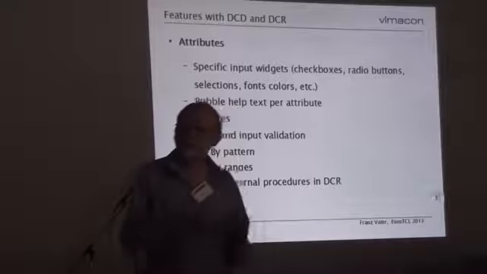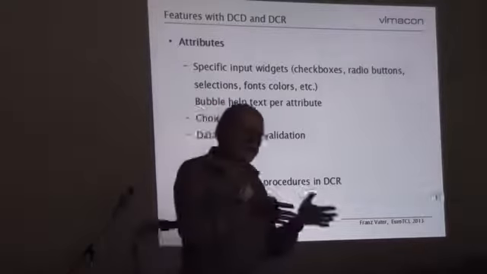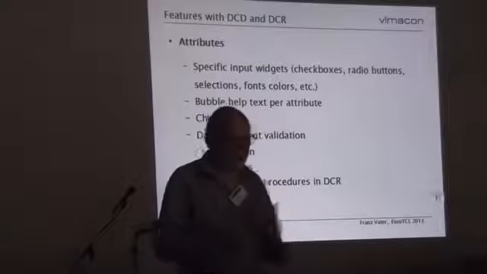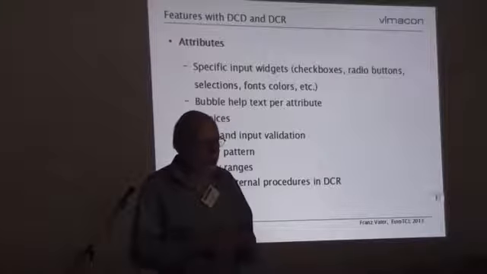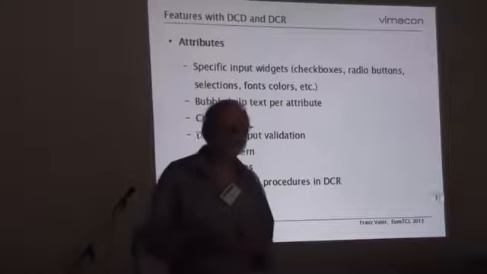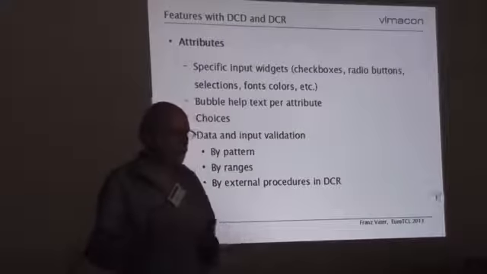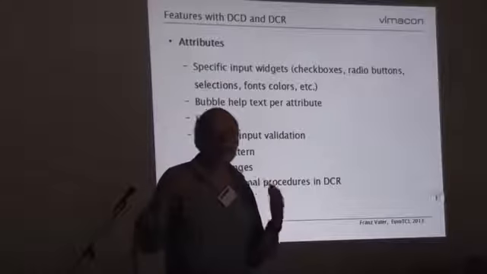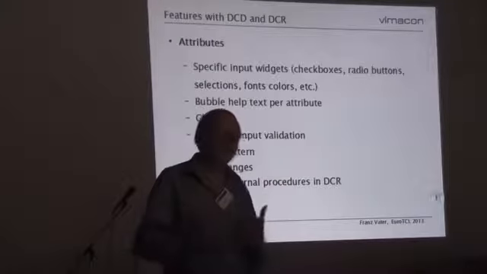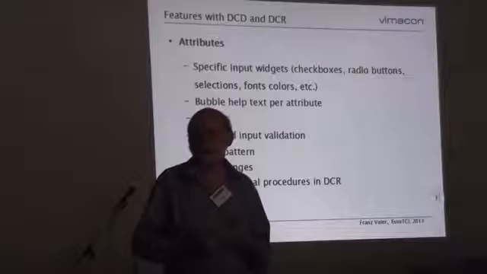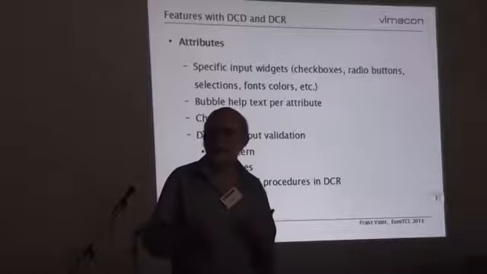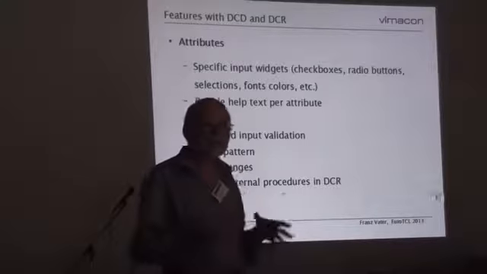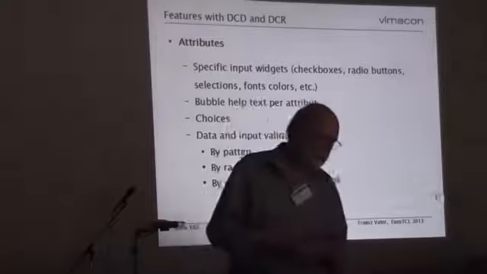It's not limited to the DTD. Now you can have your own selections given by the DCR. And we have data and input validation by regex pattern, by ranges, by external procedures. That means you can have your own validation procedures for every attribute. You can check the correct input of dates, names, email addresses, and so on and so on. Everything is done with that DCD and DCR.